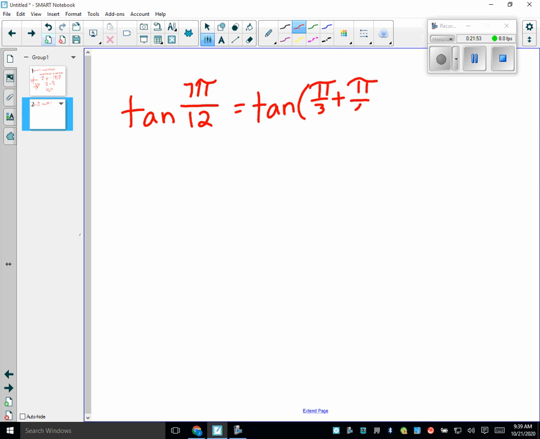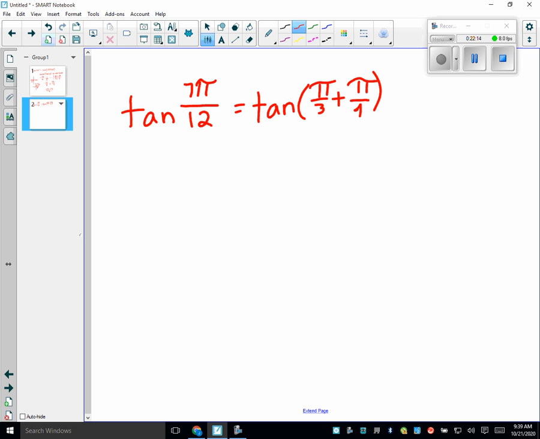Now, the nice thing about this one is they're all in quadrant 1. So I don't have to worry about whether they're positive or negative. They're all positive. Agree? All right.